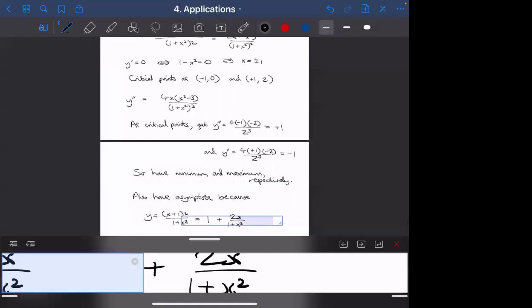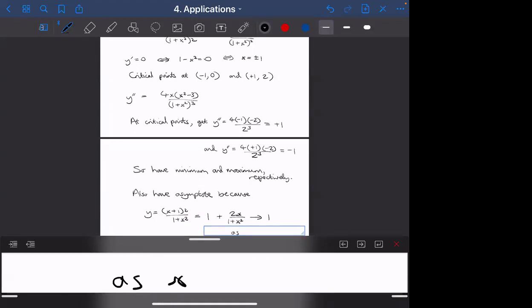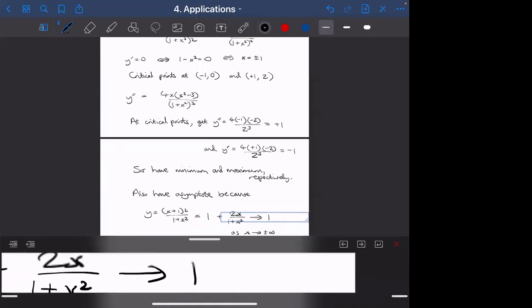And that goes to 1 as x goes to plus or minus infinity. So as x goes to plus or minus infinity, this bit goes to 0.